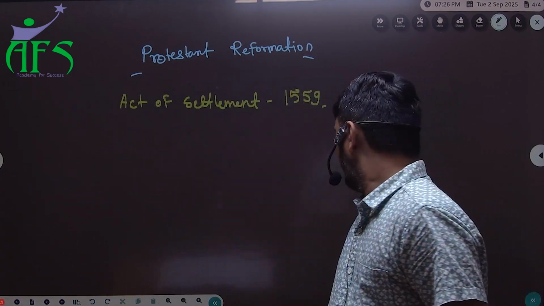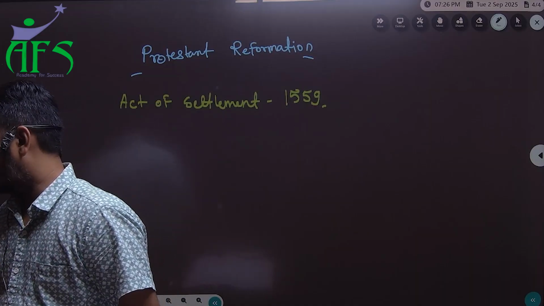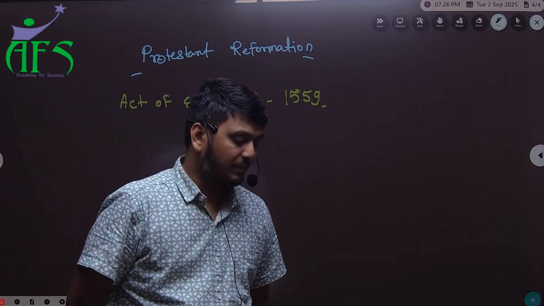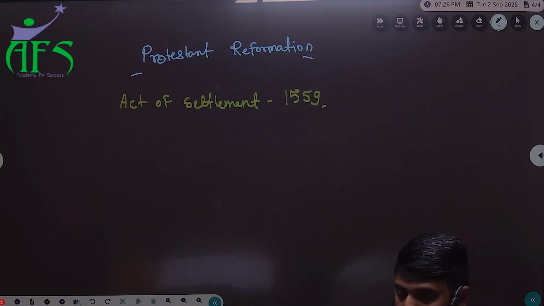What I want you to do, while coming tomorrow, is just read about Elizabethan poetry. I have already started with Elizabethan poetry, but I would like to go a bit deeper. That's why tomorrow I'm going to talk about Philip Sidney, one of the marvelous poets of the age. We already discussed Edmund Spenser.